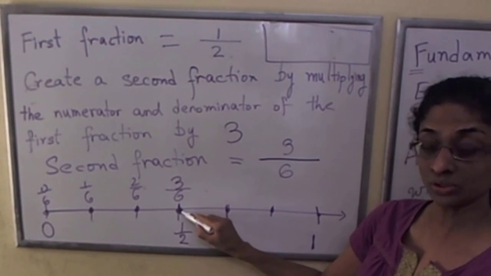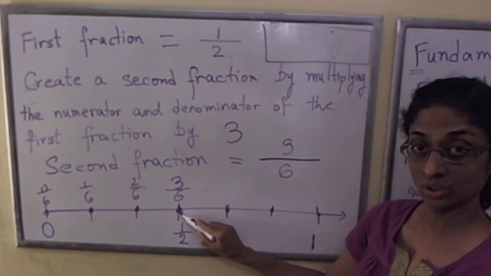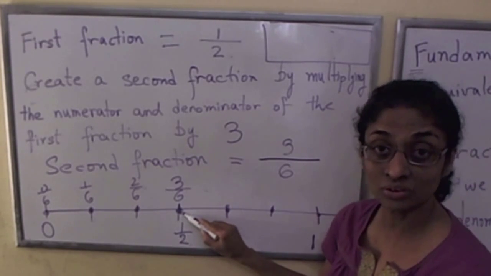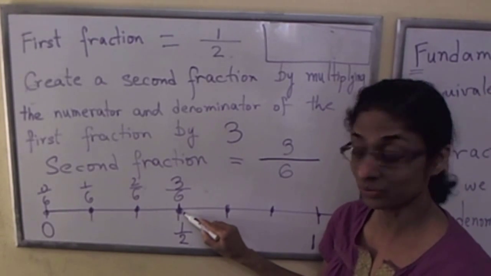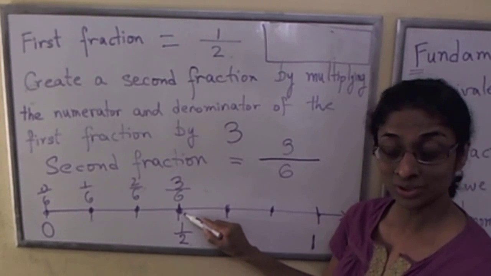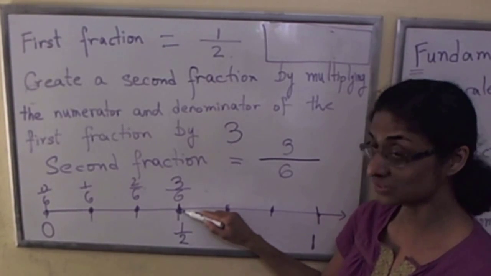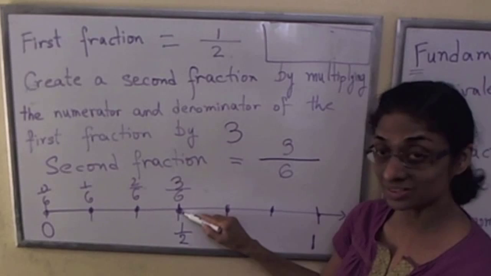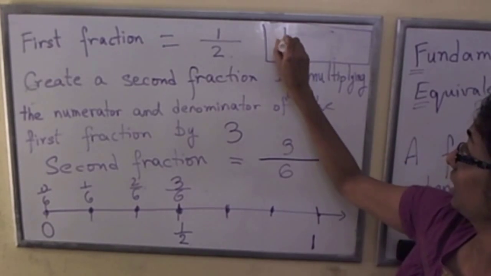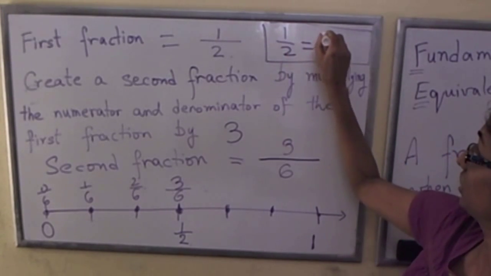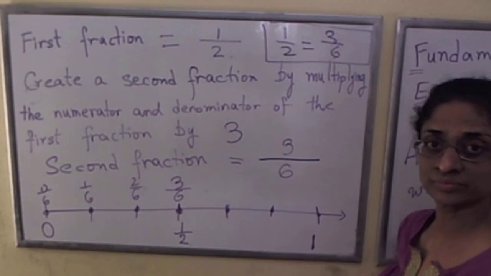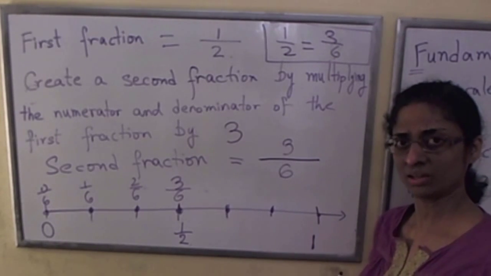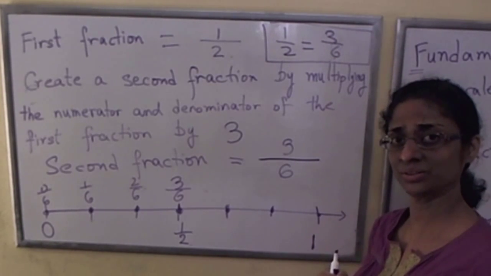1/2 is this point, 3 over 6 is this point. What is this point? A point on the number line is a number. So what we're saying is 1/2 is this number, 3 over 6 is this number. That means we are saying 1/2 is really 3 over 6. Are we getting at something here?